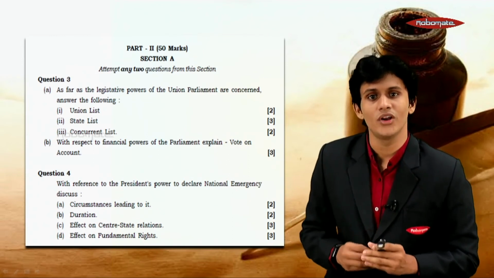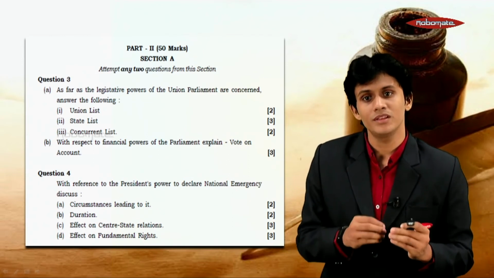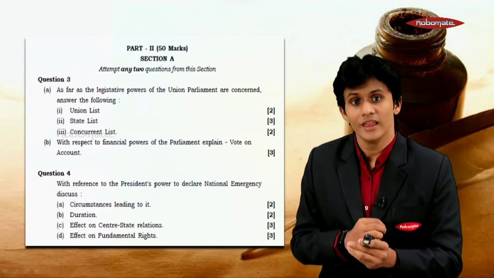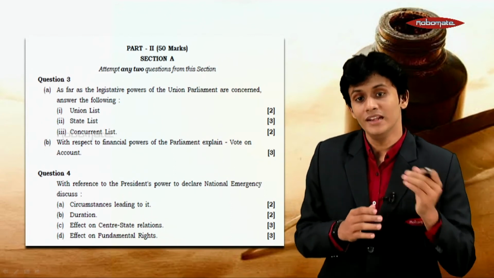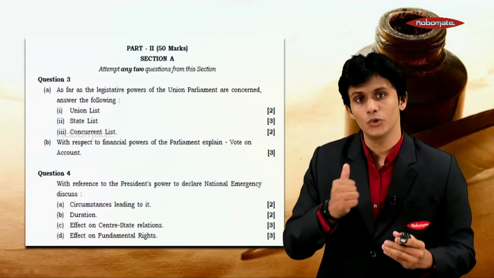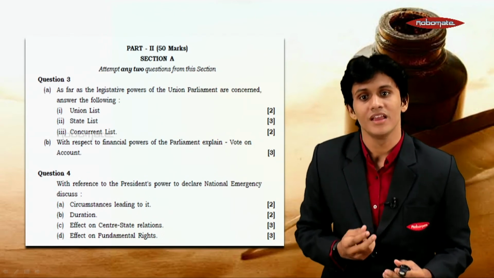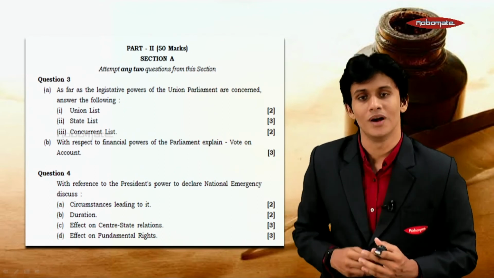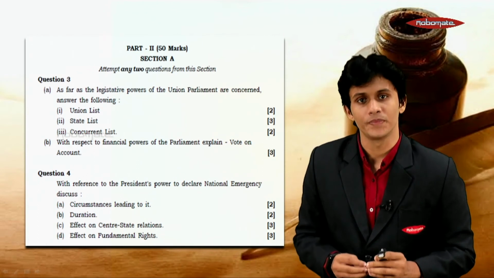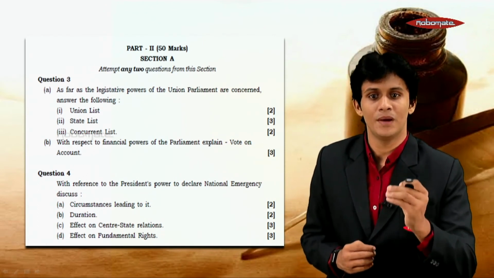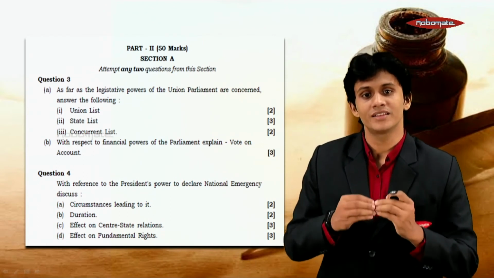As in here you can see in question number 3 you have subsection A, which is technically for 7 marks. And then internally they have another division. You have union list for 2 marks, state list for 3 marks and the concurrent list for 2 marks. If you see the next question, that is question number 4, with reference to the president's power to declare national emergency, discuss the following.